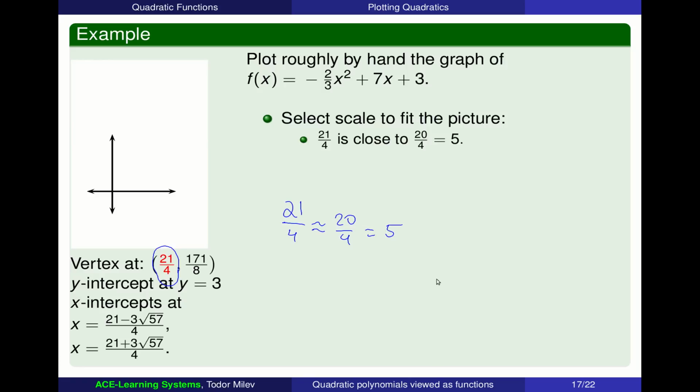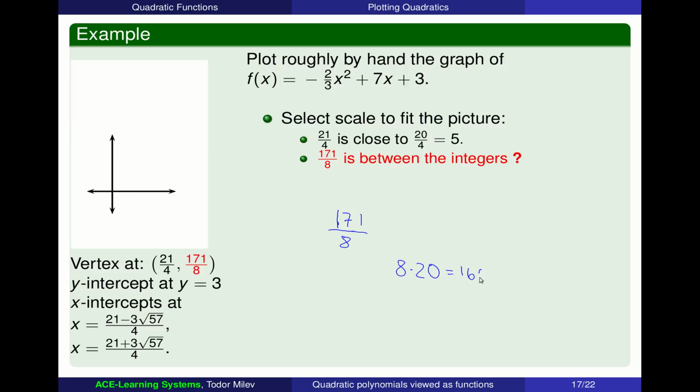So I'm going to need approximately 5 ticks: 1, 2, 3, 4, so 5 ticks for the tip of my parabola. Now 171 over 8. I need to estimate how large that number is without the use of a calculator. Well, let's see. 8 times 20, that's 160.